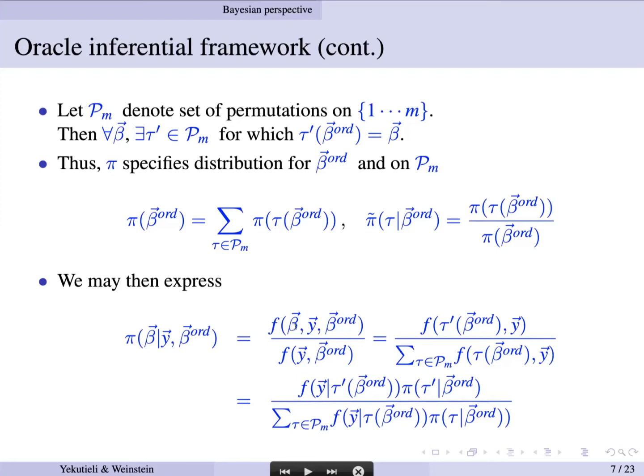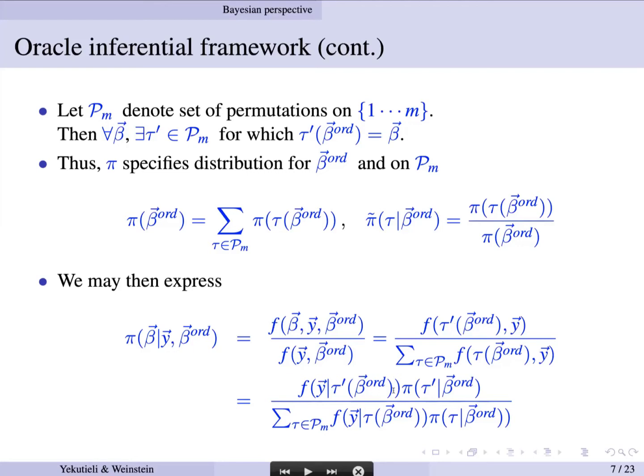Once I know beta, I also know beta ord, so I can rule out this. And then it's just a joint distribution, and instead of writing beta vec, I call it like this. So this is what we get in the numerator. In the denominator, I'm just summing up the same thing over all the different permutations.